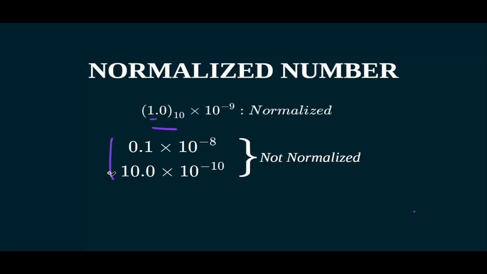Whereas these two forms are not normalized since they have zeros to the left of the decimal point. These three represent the same number. The first form is normalized while the other two are not.